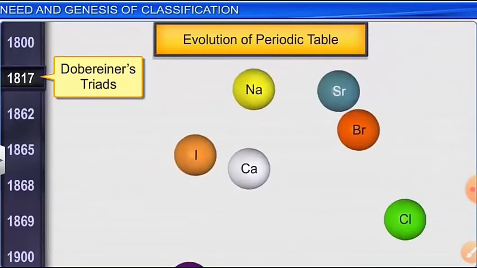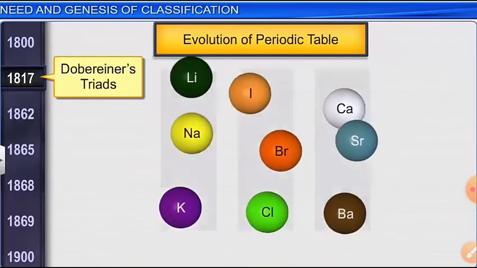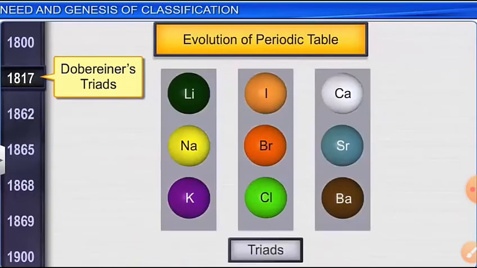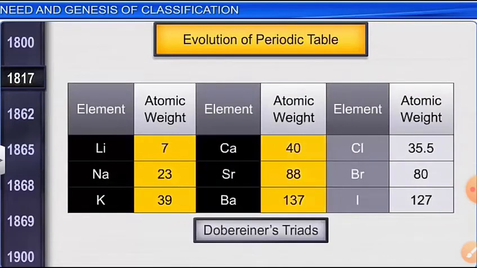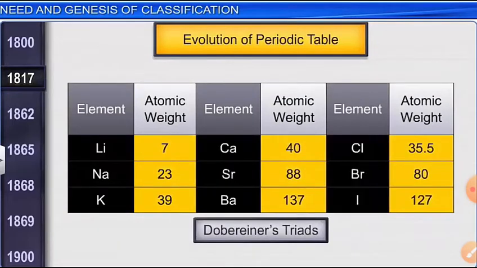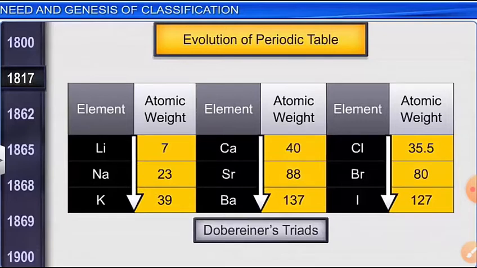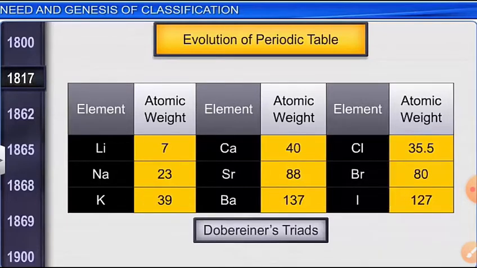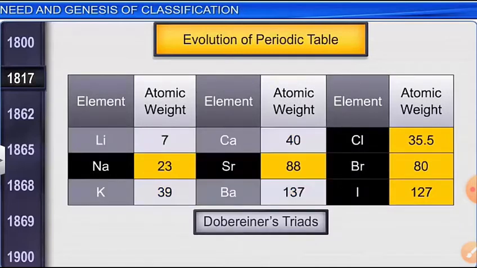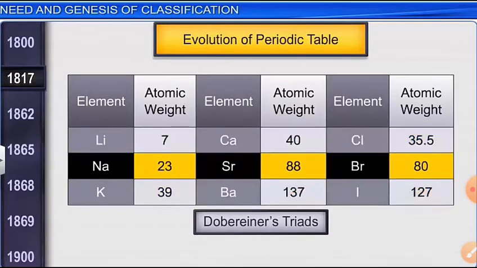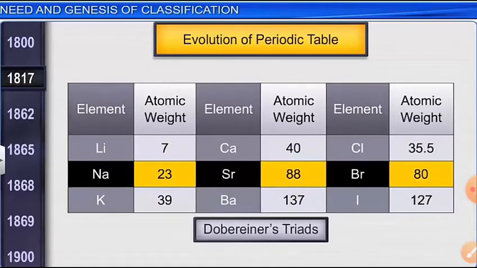The elements were selected such that they are kept in increasing atomic mass, and the middle one has a mass equal to the average of the first and third. These triads are like lithium, sodium, potassium; calcium, strontium, barium; and chlorine, bromine, and iodine.